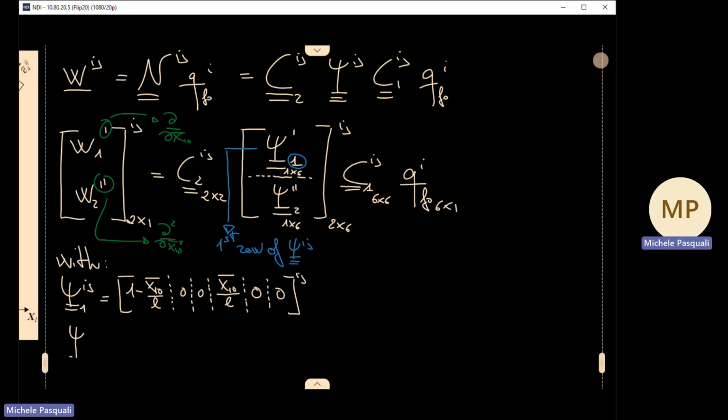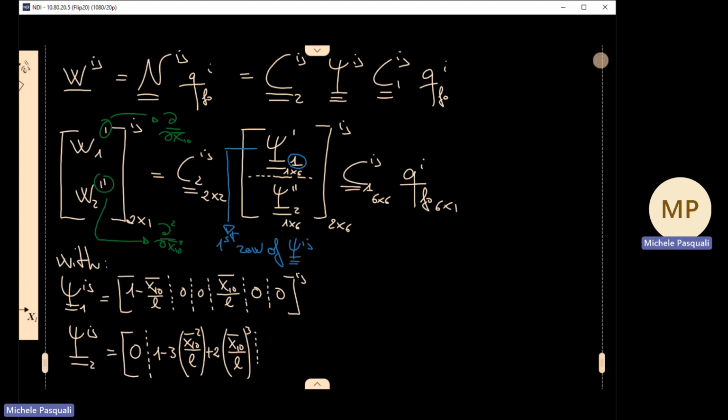Which is this. We have 0. We have 1 minus 3 times x1, 0 over L squared plus 2 x1, 0 over L to the third.